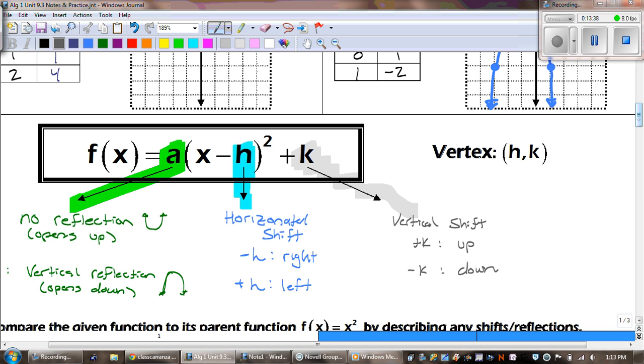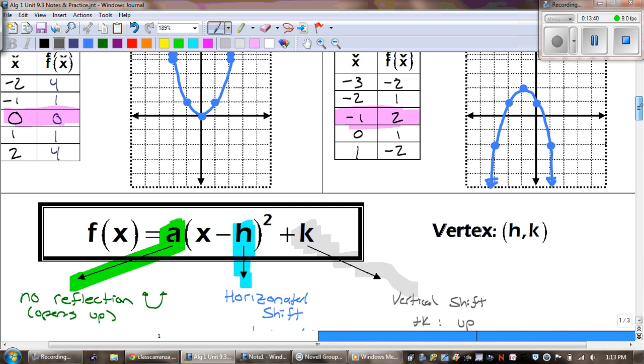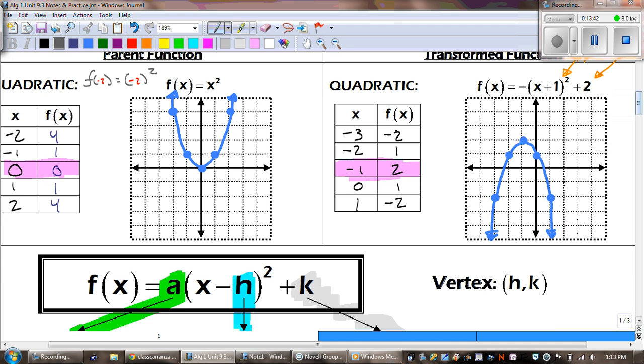Okay, so when we're looking at the 2 again, +2, and this one was 0. So 0, it didn't move. It's right there. But here, it said that it's +2. Look at where we're at. We went up 1, 2. We went up 2 lines because of that +2.